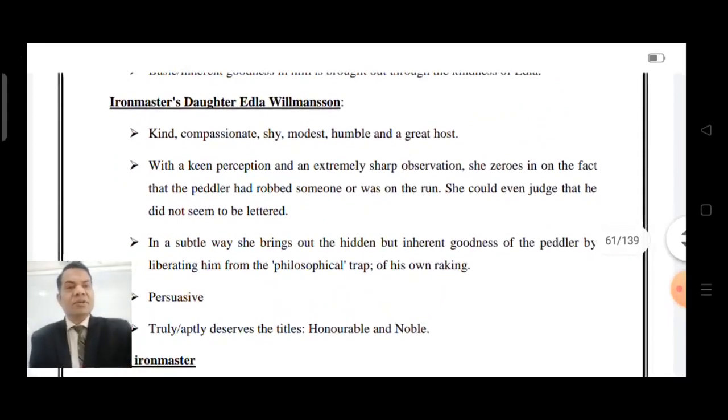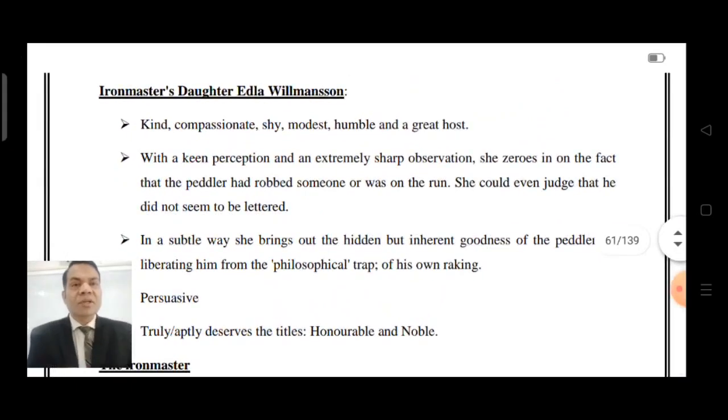Iron Master's daughter, Edla Willmansson. She is kind, compassionate, shy, modest, humble, and a great host. With a keen perception and an extremely sharp observation, she zeroes in on the fact that the peddler had robbed someone or was on the run.